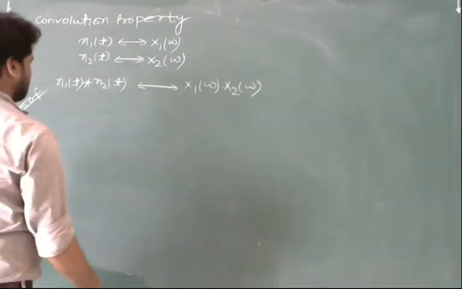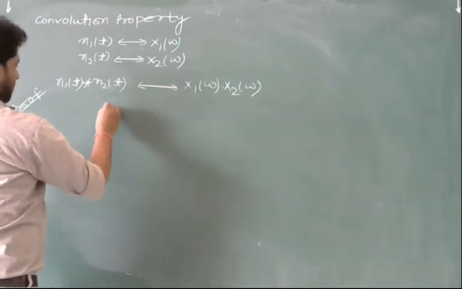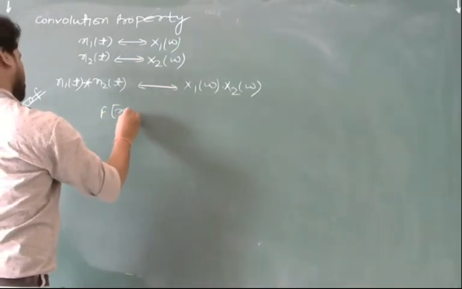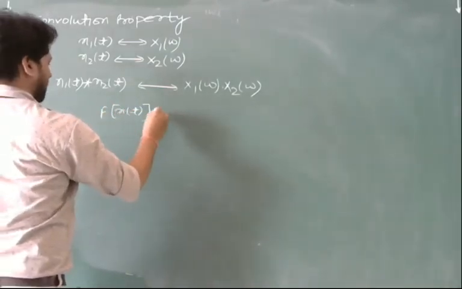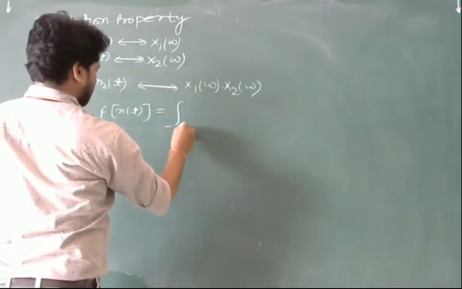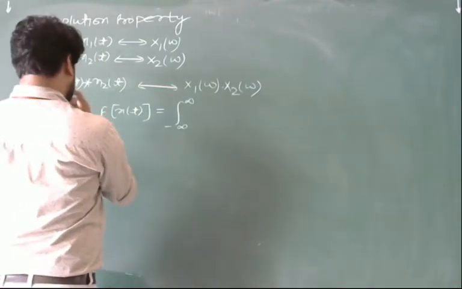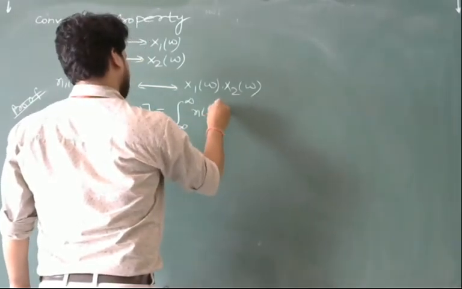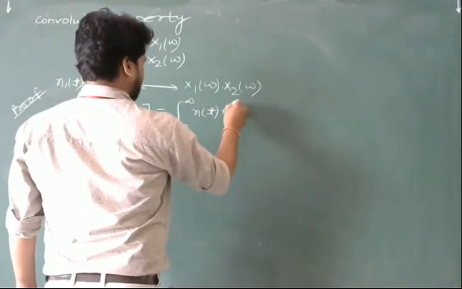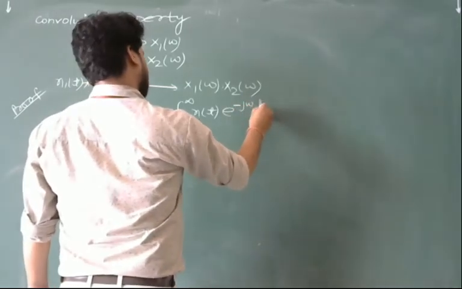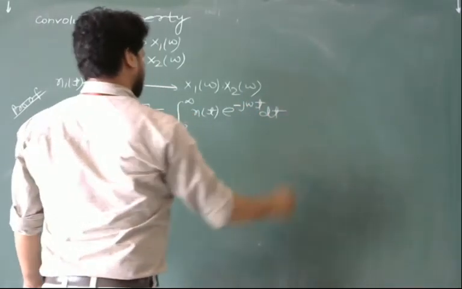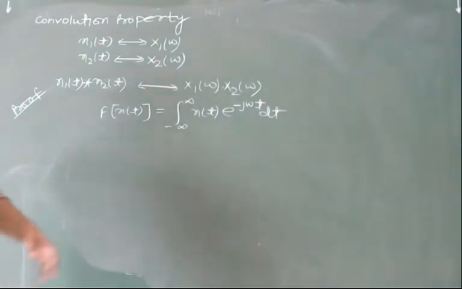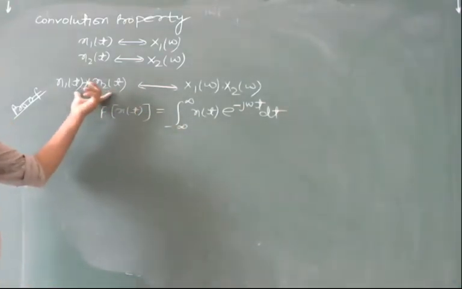We know that the Fourier transform of any signal x(t) can be written as the integration from minus infinity to plus infinity of x(t) e to the power minus j omega t dt. Then here, in place of x(t), it is x1(t) convolution with x2(t).